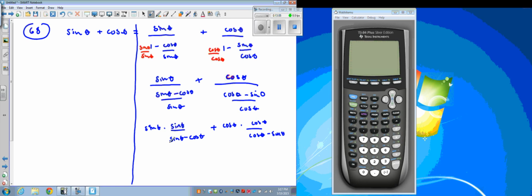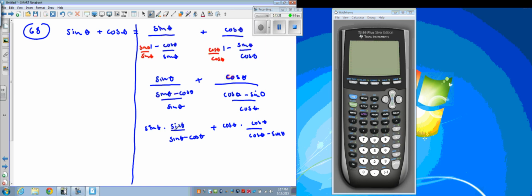So now notice that this is sine minus cosine, and this is cosine minus sine. If I take a negative sign out of this thing, put it up here, then these two denominators become the same, don't they?